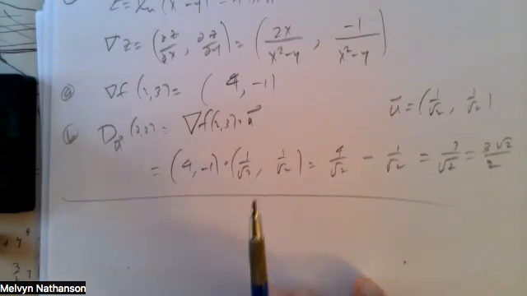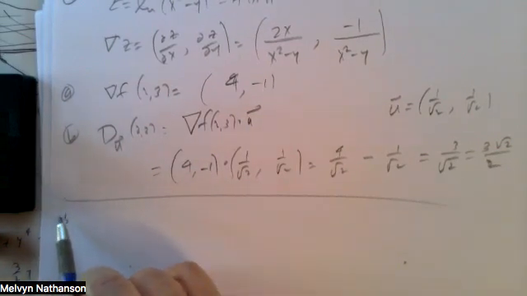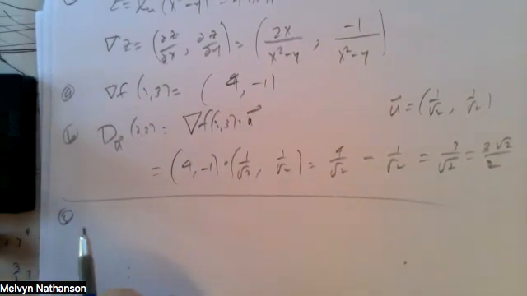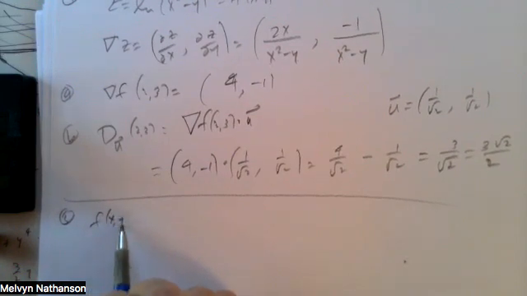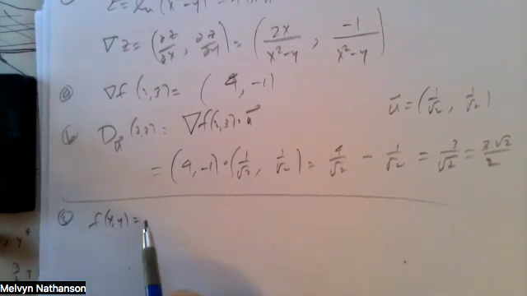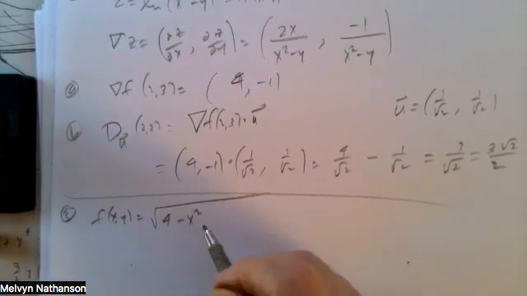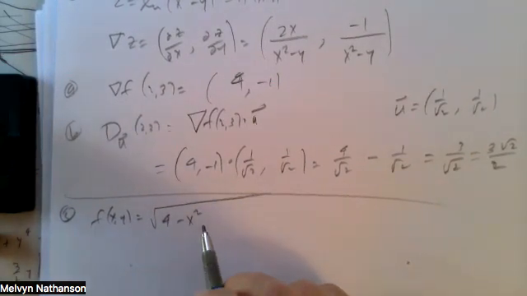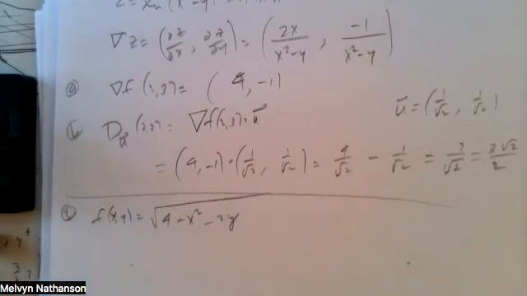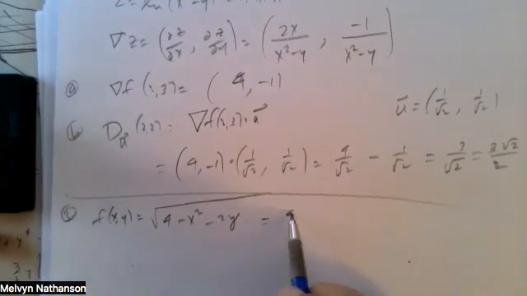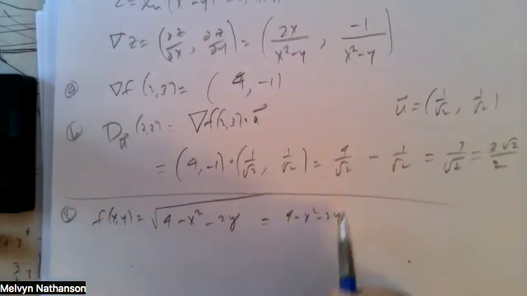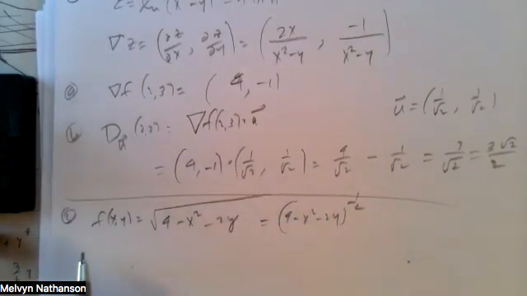Problem 5 was another problem to compute a directional derivative. Here, the function f of x, y is equal to the square root of 4 minus x squared minus 2y, or 4 minus x squared minus 2y to the power 1/2.